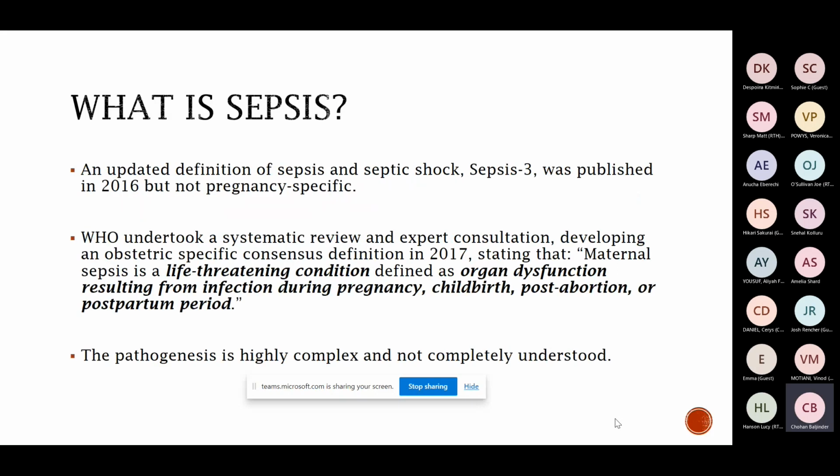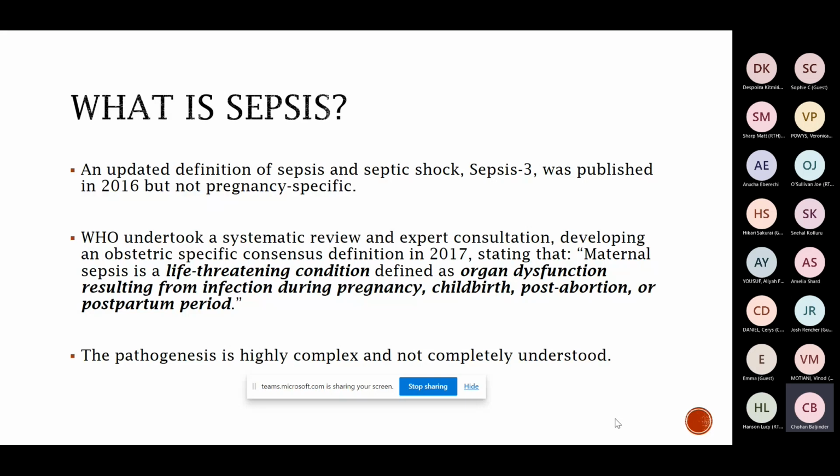So in terms of what sepsis is, the definitions are always being updated, but in 2016 there was an agreed definition for sepsis and septic shock. But the point is, it wasn't specific to pregnant women. So WHO undertook a systematic review, and after expert consultation in 2017 they came up with this: maternal sepsis is a life-threatening condition, defined as organ dysfunction resulting from infection during pregnancy, childbirth, post-abortion, or the postpartum period.